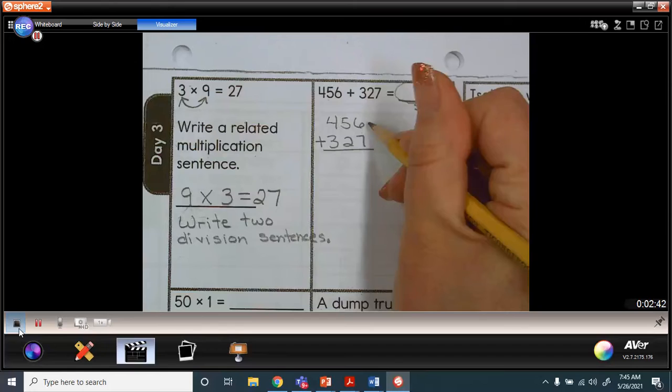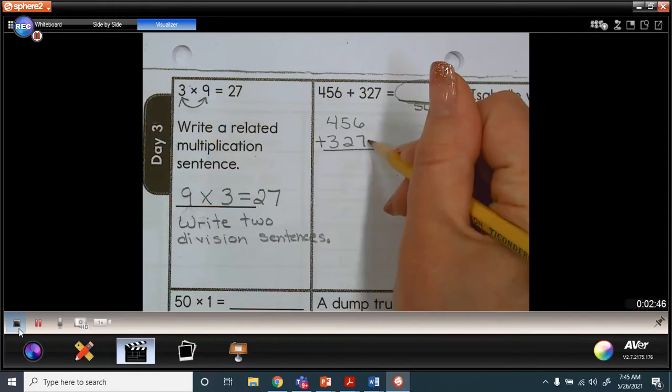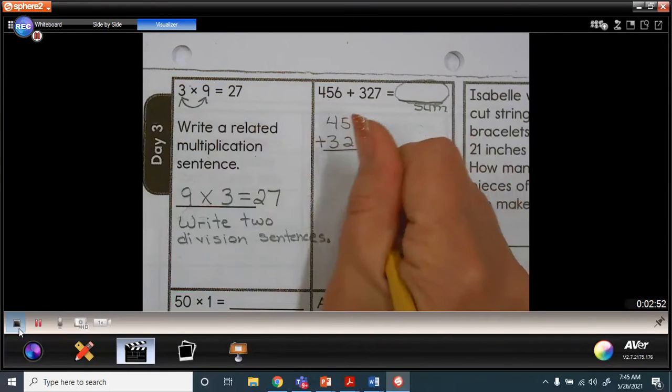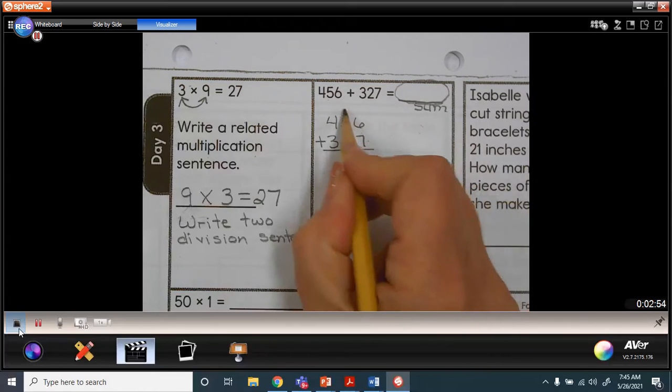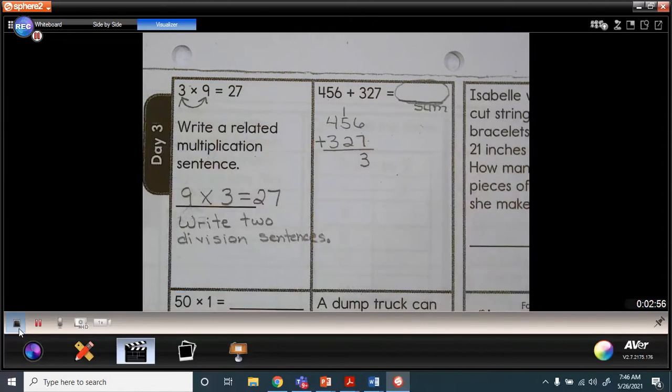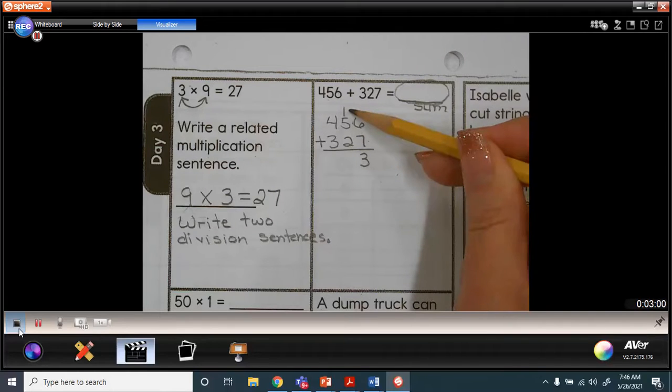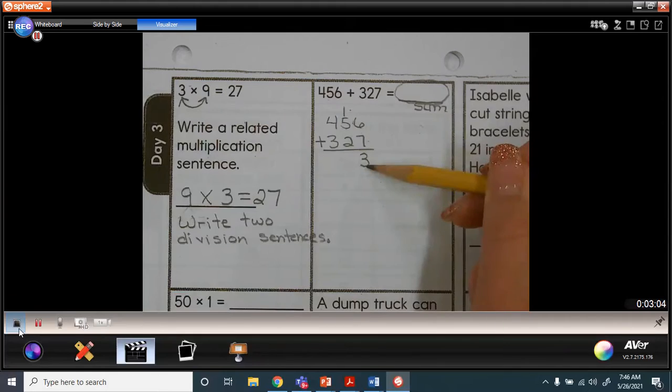And I know that 6 plus 6 is 12. So if I just take one more and add it to the 6, now I have 6 plus 7, and 6 plus 7 is going to be 13. This 10 gets regrouped to the tens place. So now I have 50, and one more 10 makes 60 from this 13 that was here.